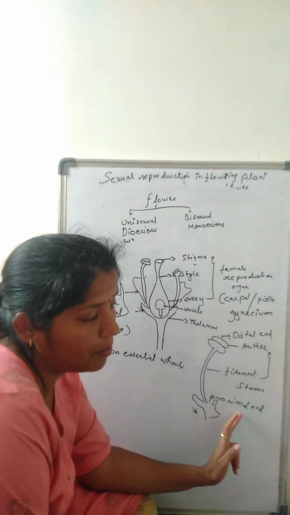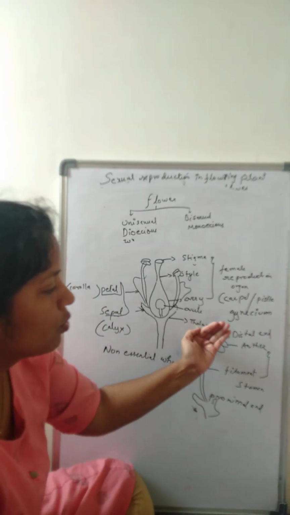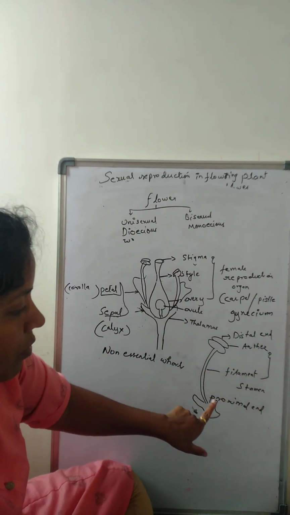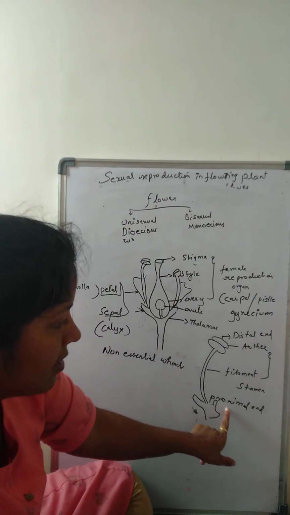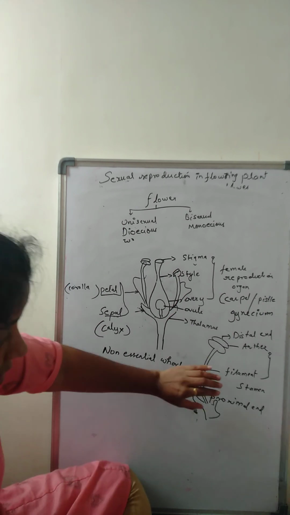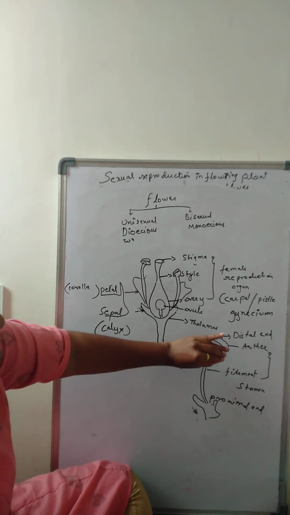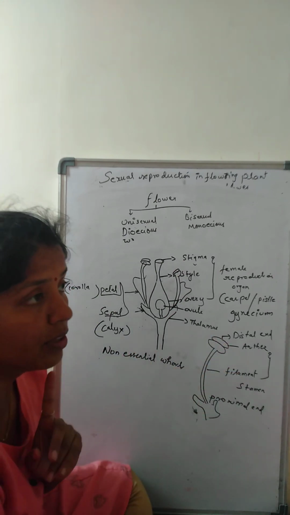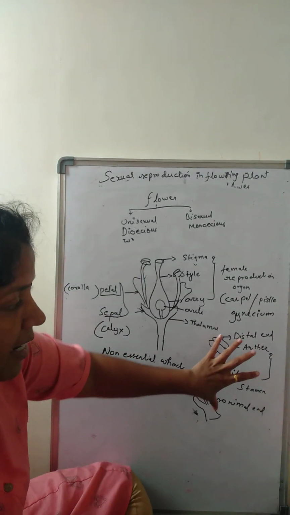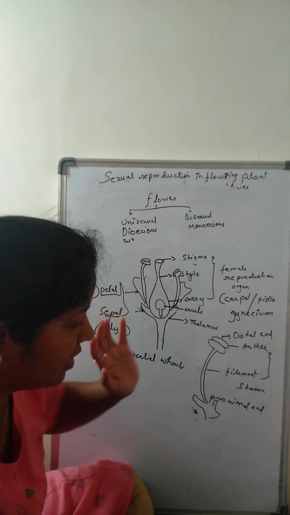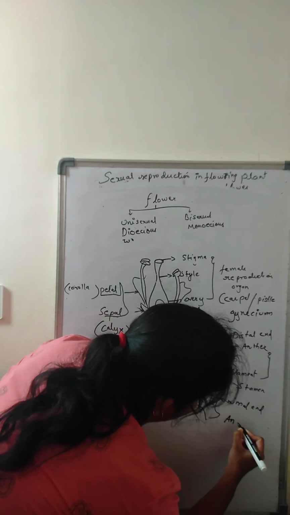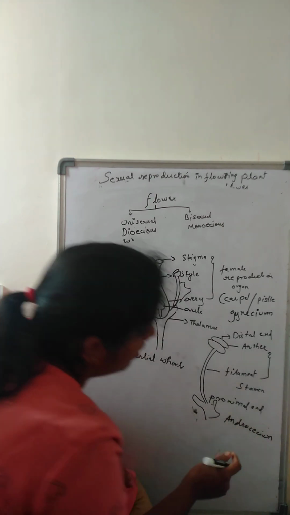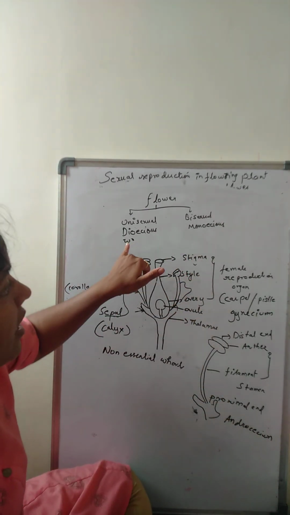So it is known as the proximal end. And opposite to that will be the distal end. And this one is known as androecium. If more than one stamen is present, it is known as androecium. Understand?